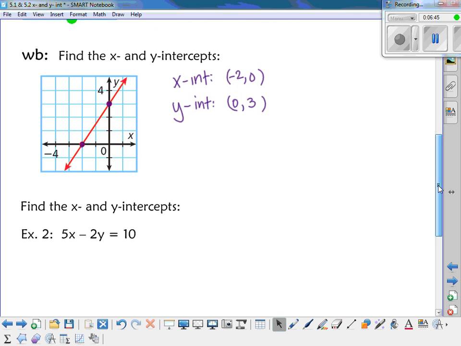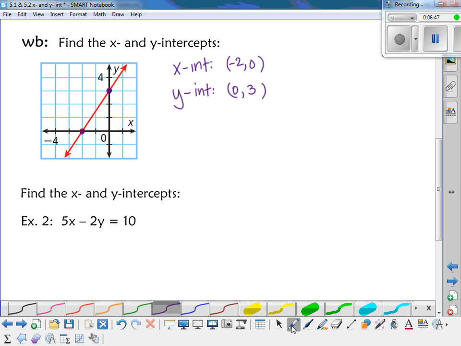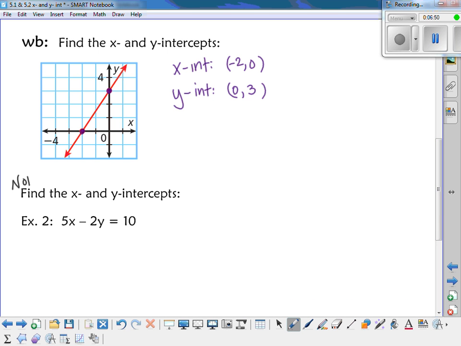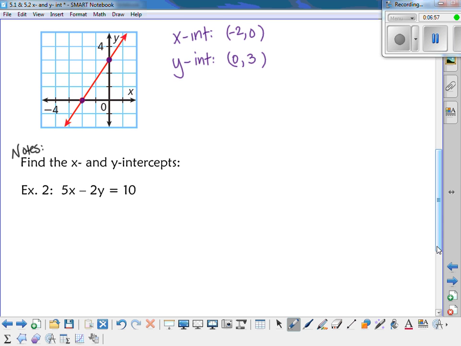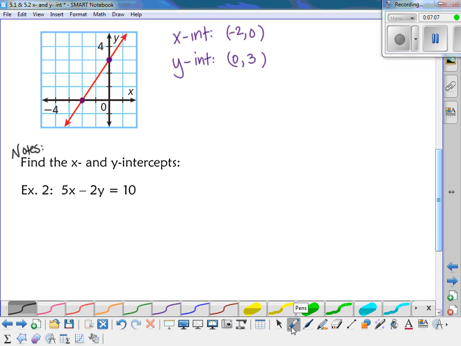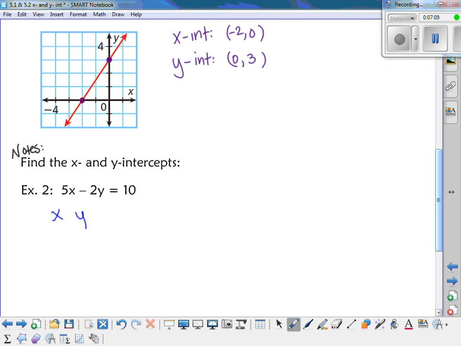All right, this is for your notes. We're going to find the x and y intercepts, and we have 5x minus 2y equals 10. Okay, so what you want to do on these is you want to make an xy table with a 0 for the y and a 0 for the x.